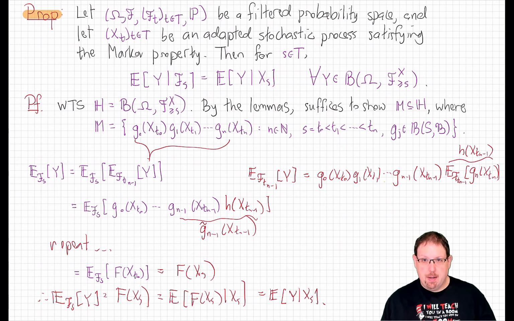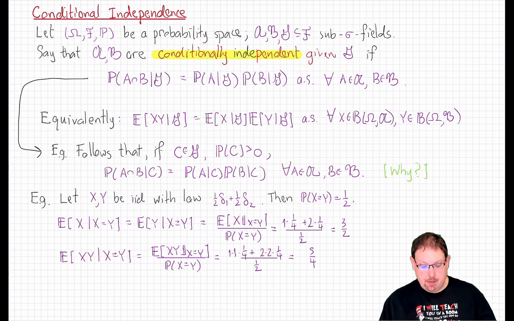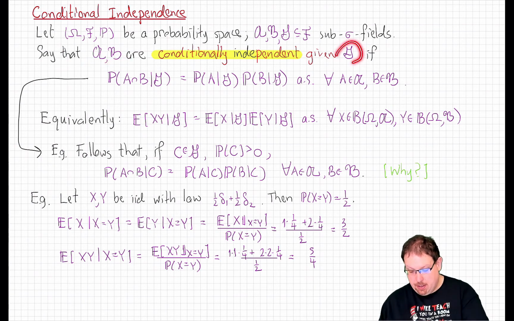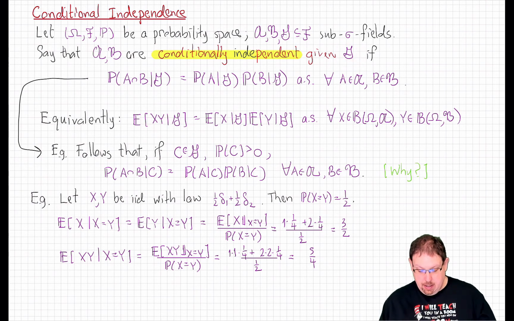Now, if we're talking about dependence there, that suggests that we might want to phrase things in terms of independence. And we can do that again, but we need slightly new language. We need to talk about conditional independence. Given a probability space, Omega, F, P, and three sub-sigma fields, A, B, and G, we say that the two sub-sigma fields A and B are conditionally independent, given the sigma field G, if this conditional version of the independence statement holds true.